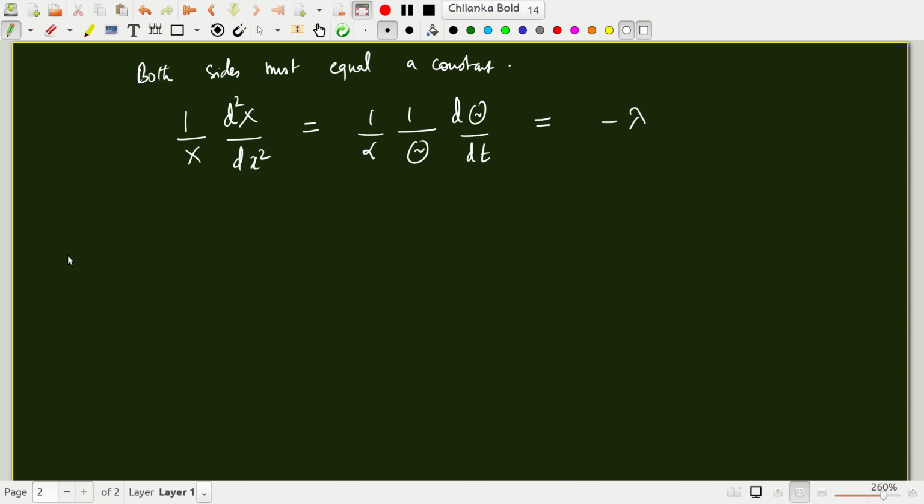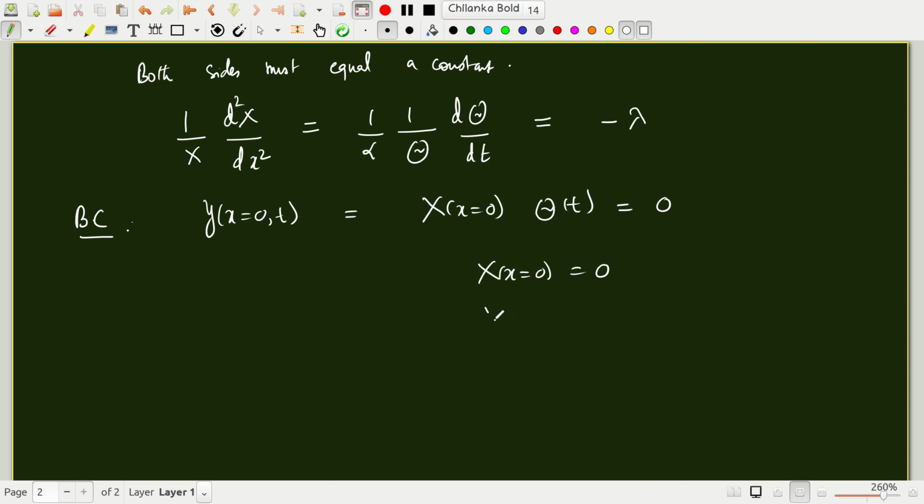Okay, now the boundary conditions. So we had y at x equal to 0, t, that is the same as X at x equal to 0 times theta of t equal to 0, and that means that this is true for all times. So this means that X at x equal to 0 is 0.